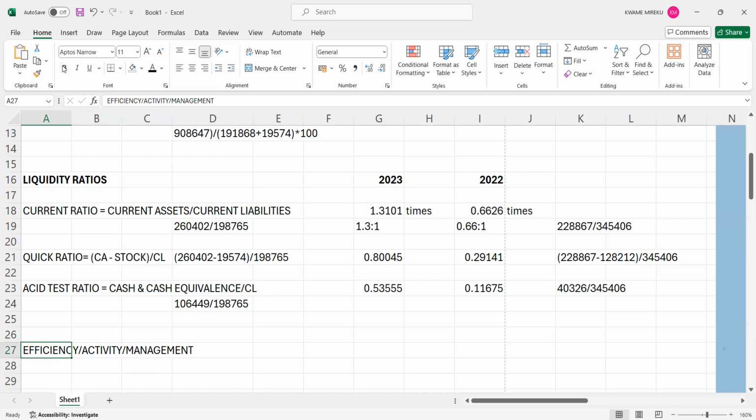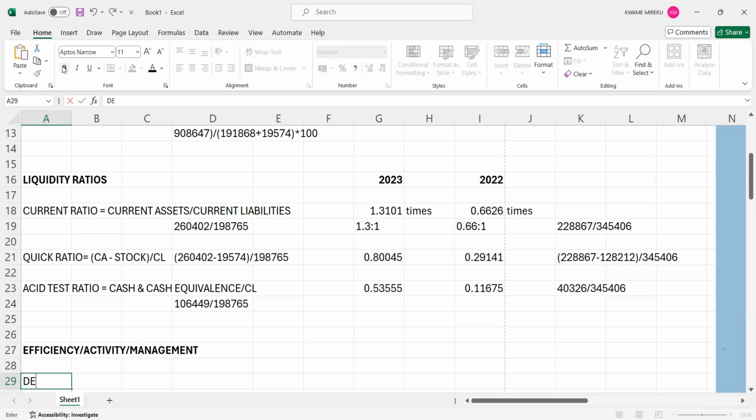So are you very efficient in managing your resources? We want to know. First, we look at how many days it takes you to pay your debt, and also how long it takes you to collect your debts. So first, let's look at the debtors collection period.